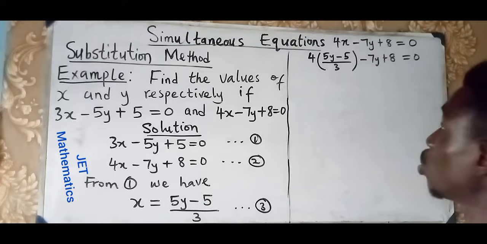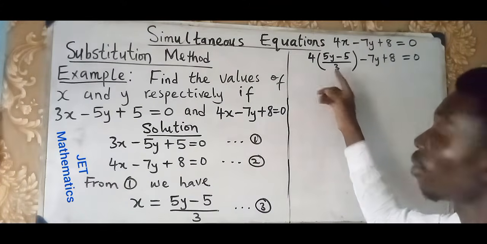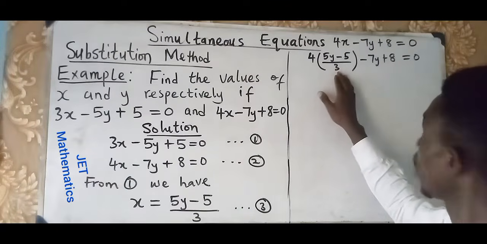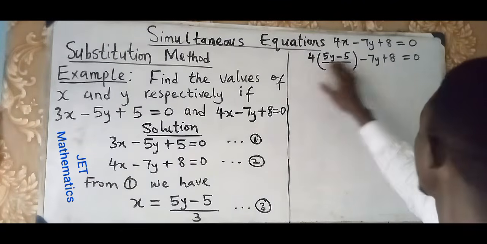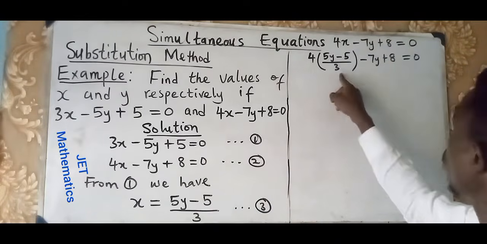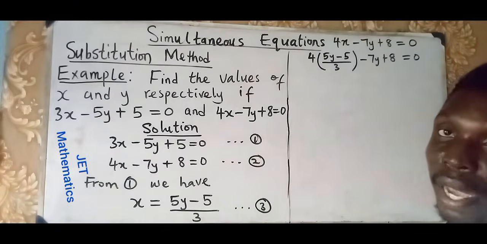The next thing we need to do is to clear this 3 that is at the denominator here, so that the equation becomes a straightforward one. So we are going to multiply through every term in this equation by 3.